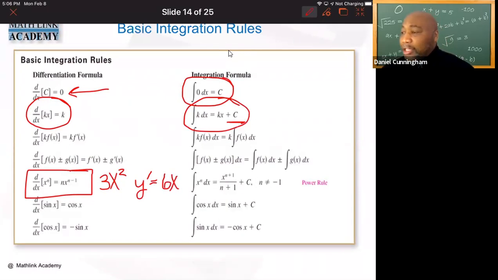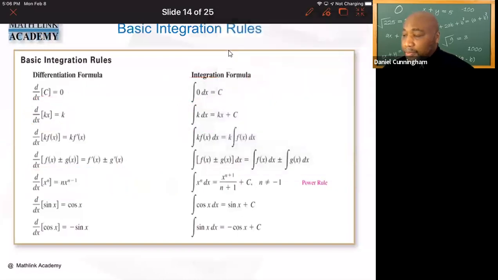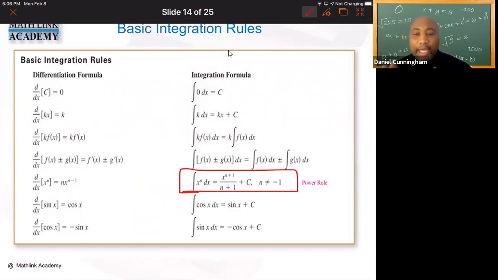Now the antiderivative, we're looking at the integration formula, it's going to equal x to the n plus 1 divided by n plus 1 plus c. That's one you want to know. That's like the power rule that we're using for integration.